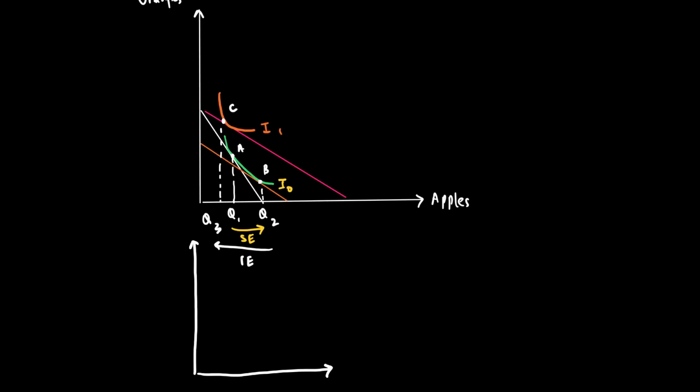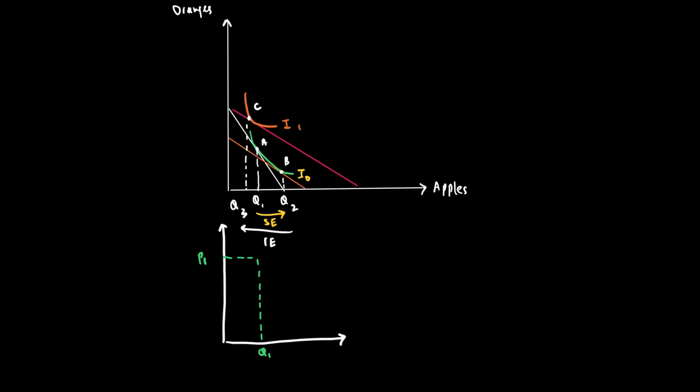So if I draw the demand curve right below, when the price is, for example, high, let's say P1, I am buying Q1. So this is my demand for apples. But when the price goes down to P2, I am buying this Q3 quantity.